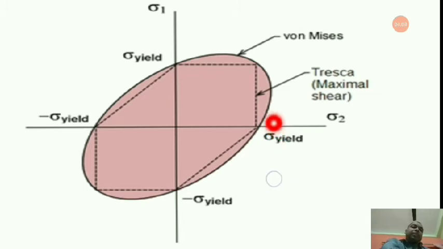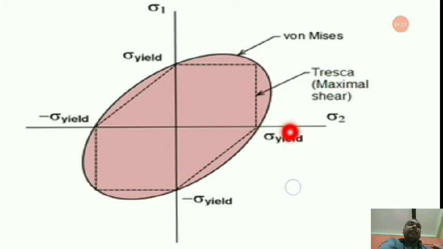And remember one thing, that if yielding takes place in ductile material, then it is unsafe to use, because we will not be waiting until the material breaks down. We will just scrap the material when it starts yielding.